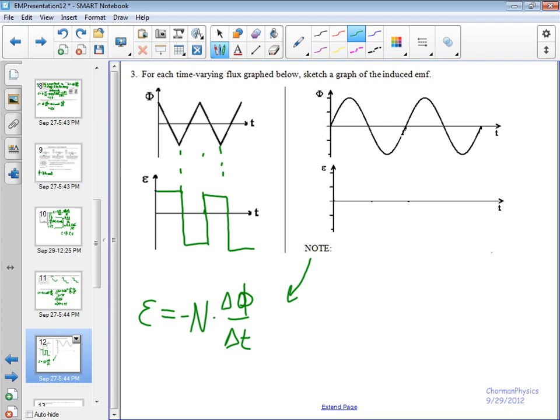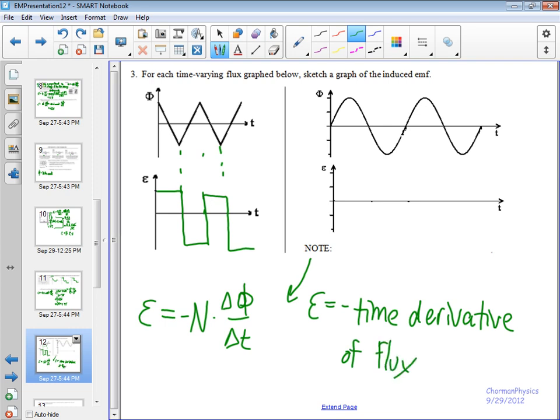However, in the second graph, we have a slope that is not constant. This is the slope, this thing that we want to note here. For those people who are curious, the EMF is basically just the negative time derivative of the flux. Looking at this graph here, we have a cosine curve. Excuse me, a sine curve. Take that back, I'm sorry. It should be a negative cosine curve that we get when we draw this.